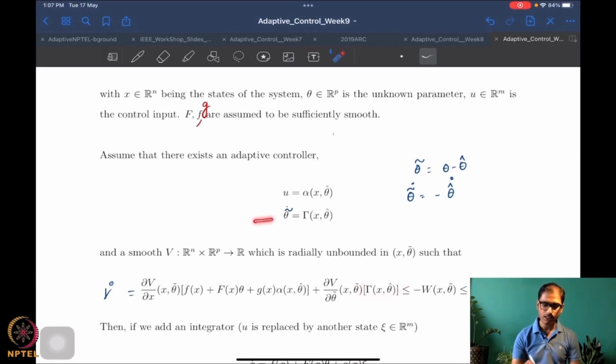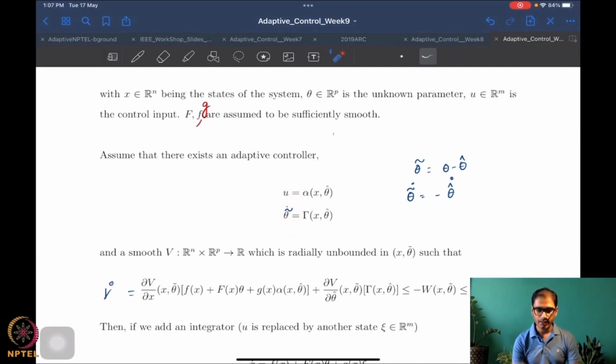So this is the derivative of the parameter error. But remember, the right side cannot depend on theta tilde because theta tilde is unknown. We keep that in mind. But theta tilde dot is just minus theta hat dot, so if you know theta hat dot, you know theta tilde dot also.